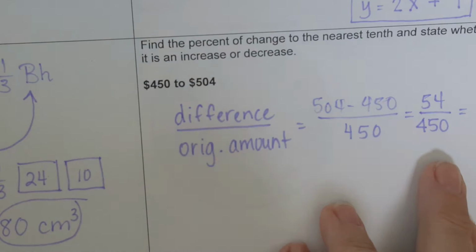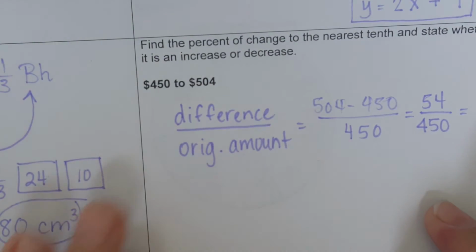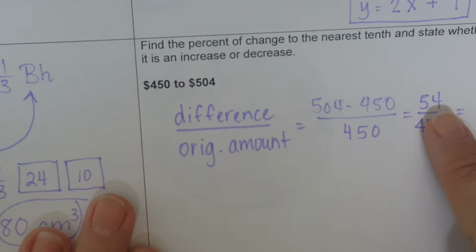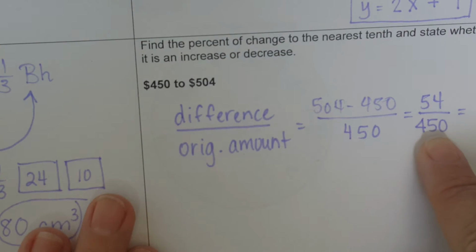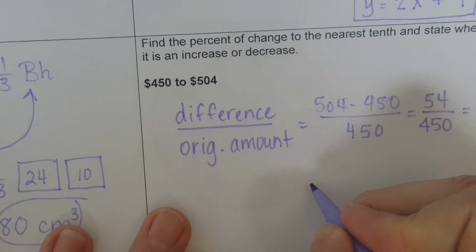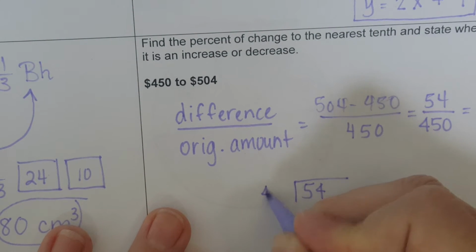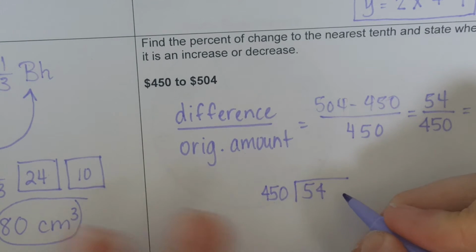And then we're going to have to change it to a percent to get our final answer. So let's do this. Remember, Norman, the numerator, goes inside, and the donkey, the denominator, has to stay outside. So we're going to put 54 in the box and 450 outside.